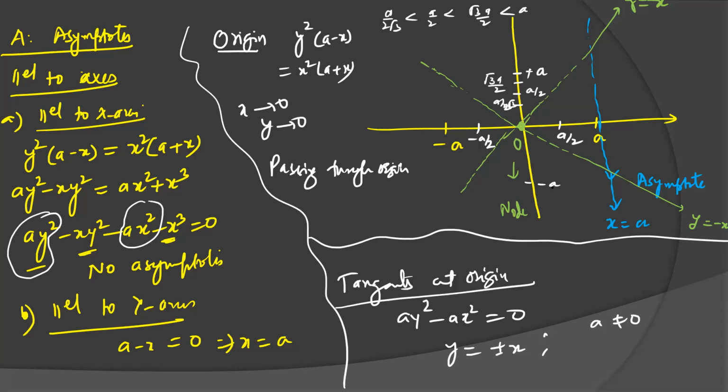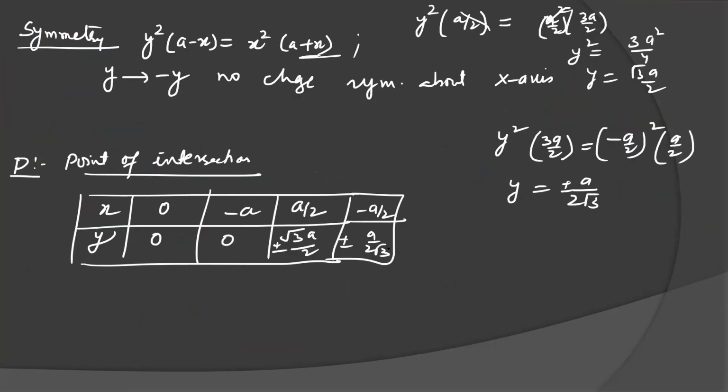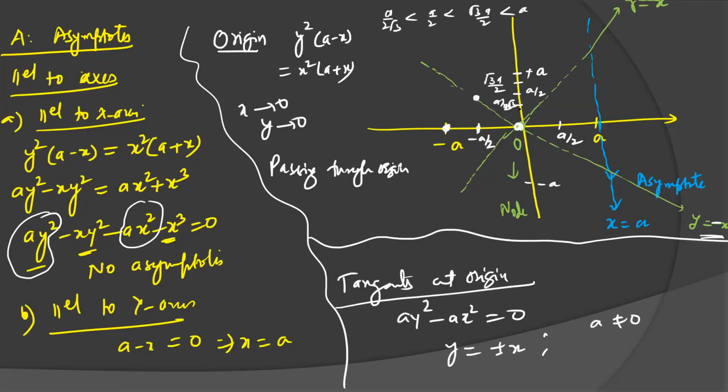Now we will see carefully here. At minus a, the curve is 0. Between this, we will get something. At minus a by 2, if you put on the line y equal to minus x, x equal to a by 2, the line will be here at a by 2. But on the curve, you are not getting a by 2. You are getting a by 2 root 3, which is less than a by 2.